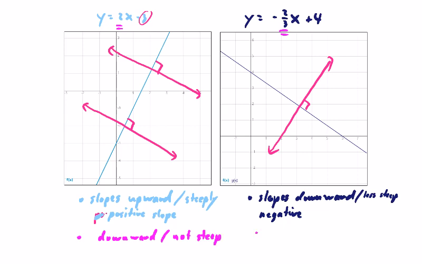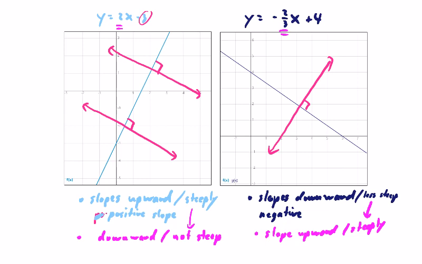On the graph on the right, they slope upward steeply. So if the original line was less steep, the perpendicular line should be steeper. And if the original line was steep, then we get a perpendicular line that's not as steep.